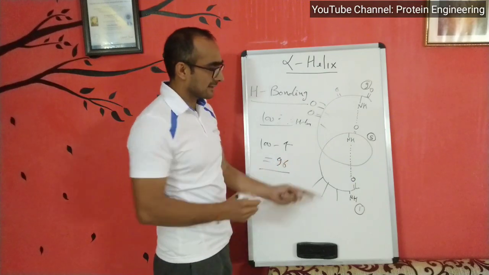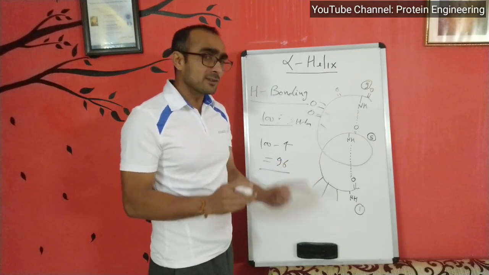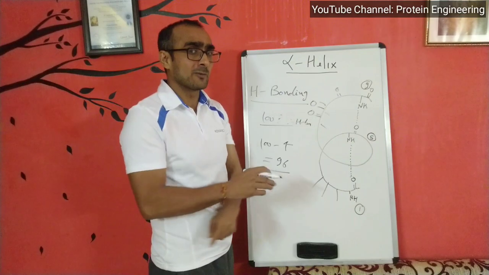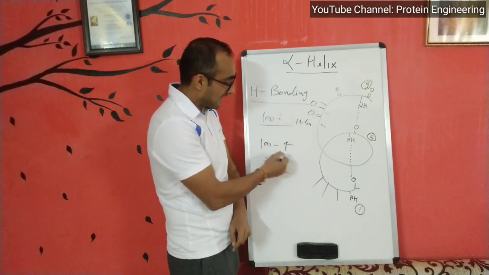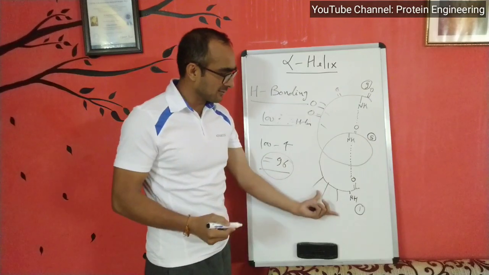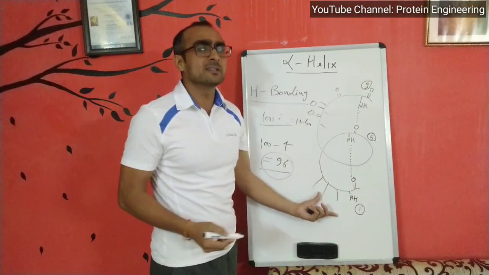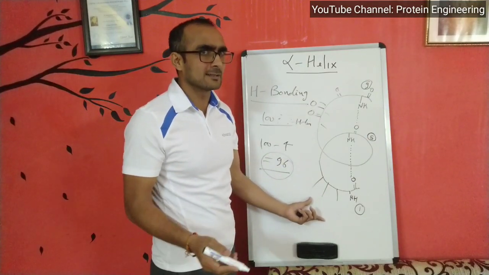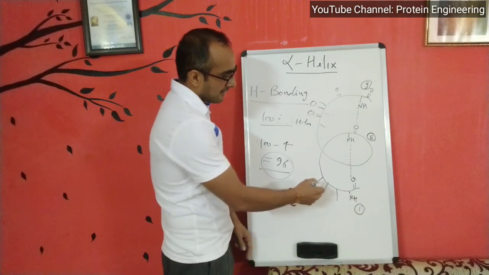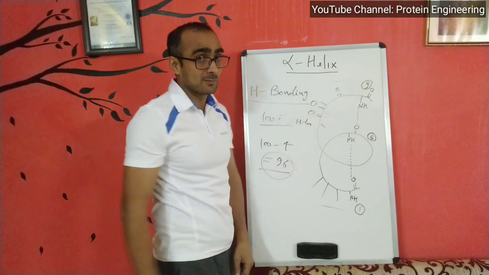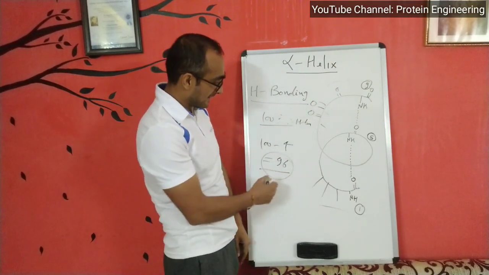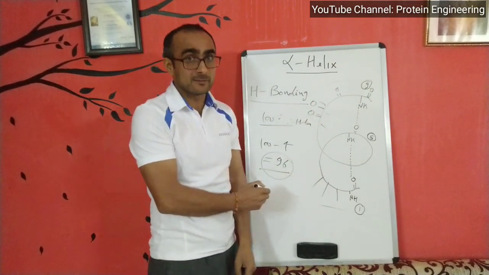So in an alpha helix of 100 amino acids, the total number of hydrogen bonds would be 96 because 4 are unused. Similarly, if you talk about some other helix like the 310 helix, we'll see later, in that case there are three atoms free at this terminal and 3 at this terminal. So in that case the number will be 97.